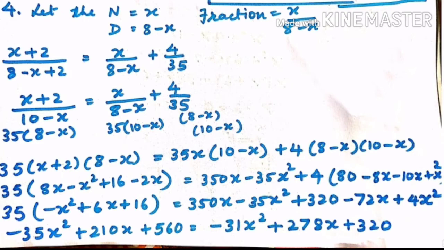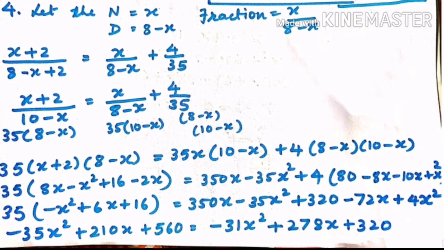Then next step I multiply the left side with 35, so I get minus 35x square plus 210x plus 560 is equal to the right hand side, which I have solved, taking like terms together, minus 31x square plus 278x plus 320. Still we need to take them all on one side.